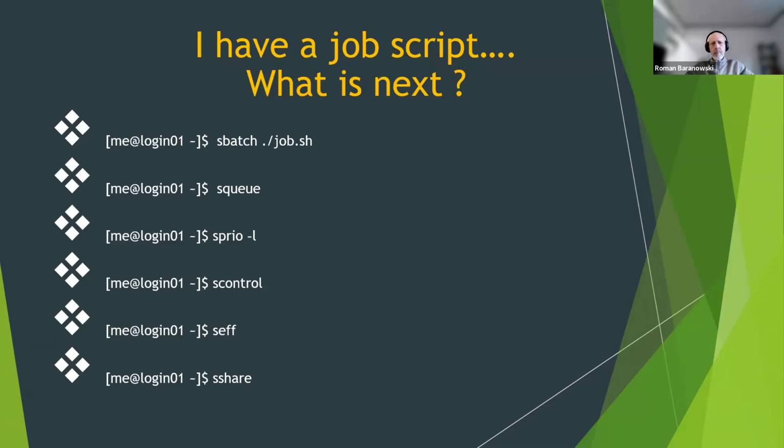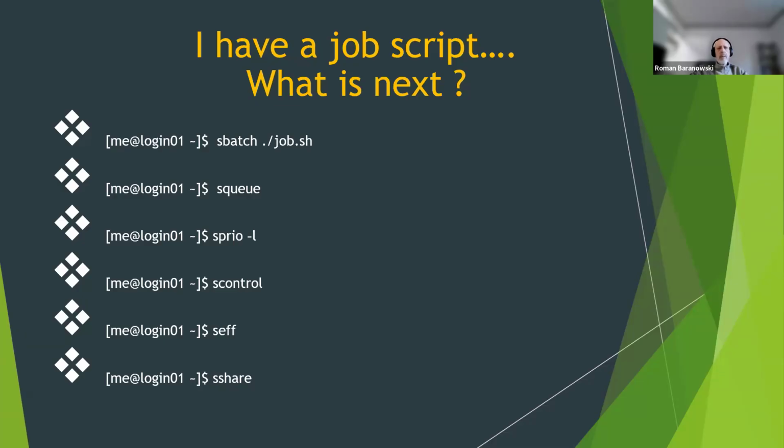And now we have the job script. And what is next? Okay, so as a batch command, you're navigating to the directory where you created your job submission script, where you have all your input data necessary for the computation, and basically you do sbatch your job. The other commands: just to look at the queue, how many jobs are in the queue, there is the squeue command.